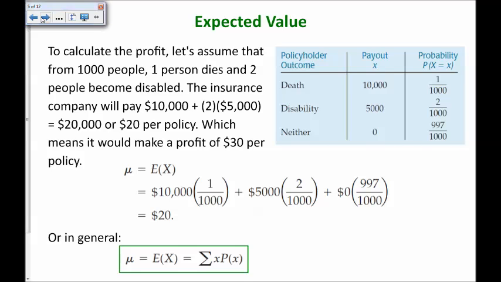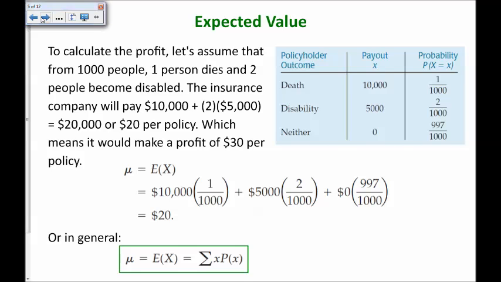That comes up to, in the year, $20,000 of payout, which equates to $20 per policy. So they would expect to pay out $20 per policy, which means they'd make a profit of $30 to pay their employees and their building costs and those other things. Their profit would be $30 per policy.